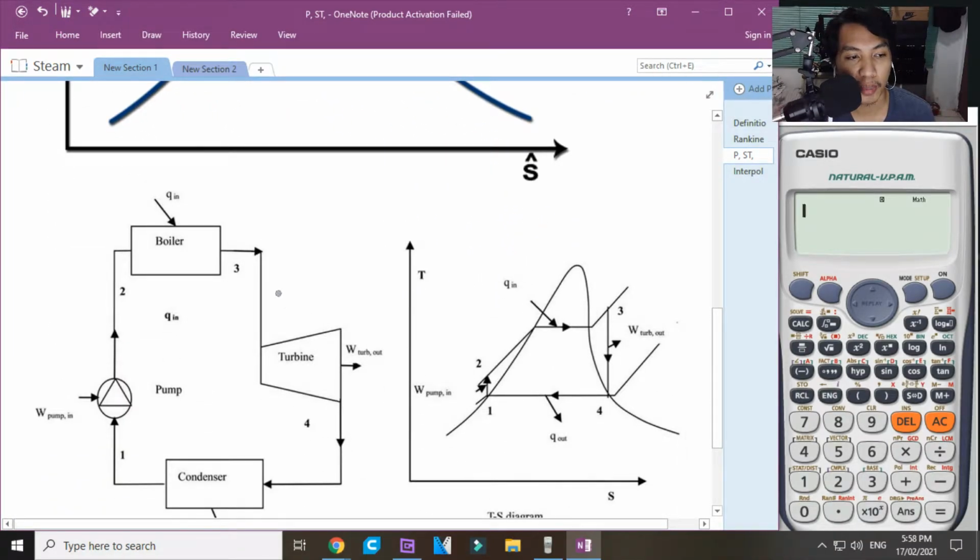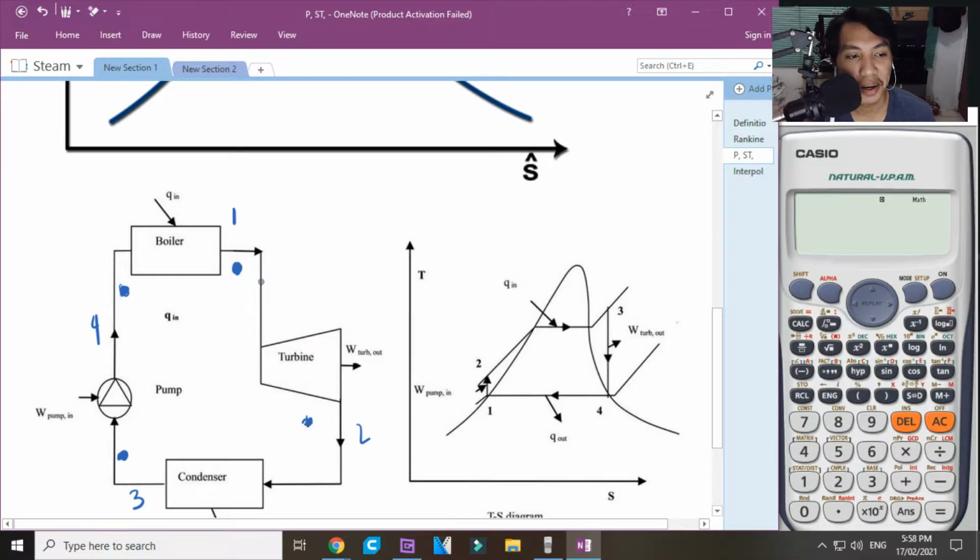So, the turbine. Let us remove these notations, that is wrong. Let us follow our correct numbering. So, from here, this is 1, this is 2, this is 3, this is 4.